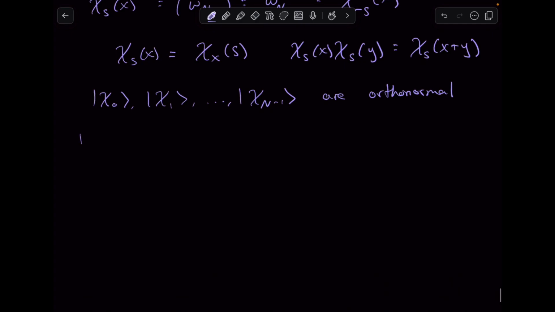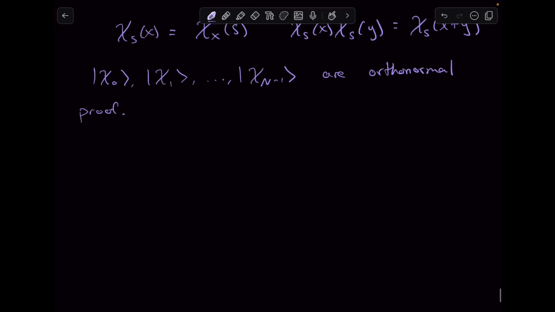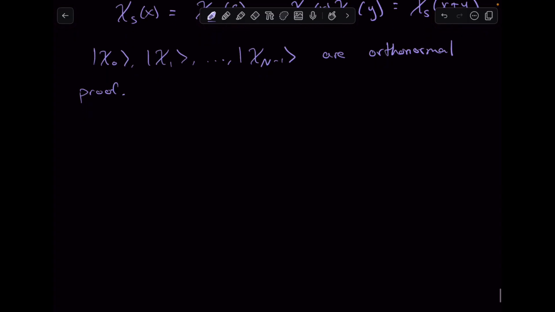So let's prove this. We'll prove the harder part first, which is the case where we have two different chi functions. In order to prove orthonormality, we have to show that for two different chi functions, their inner product is going to be 0, and for two of the same, it's going to be 1.